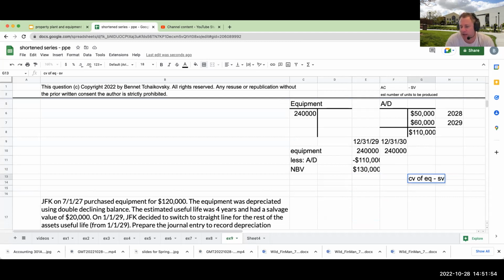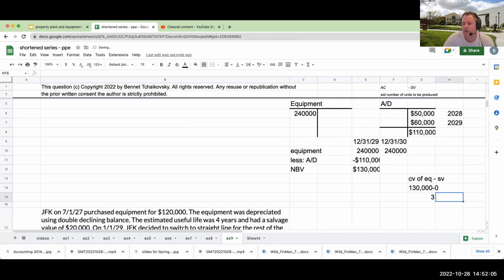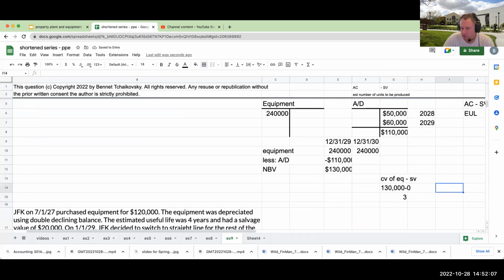minus my salvage value, my carrying value of the equipment up through the date of change is 130,000. My salvage value is still 0, and it's going to last me for 3 years. So over here, this is going to be 130,000 divided by 3, or 43,333.